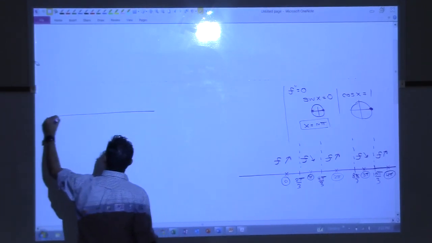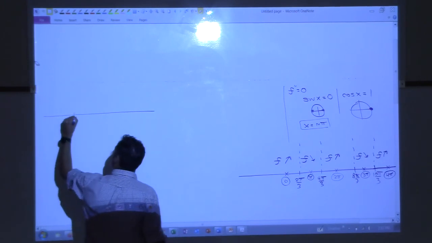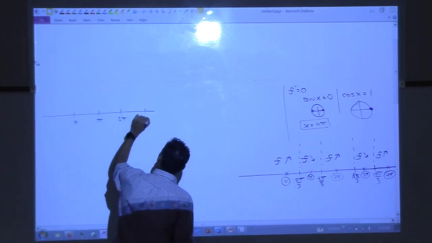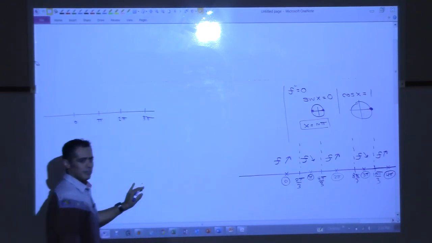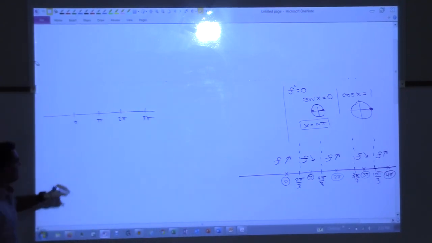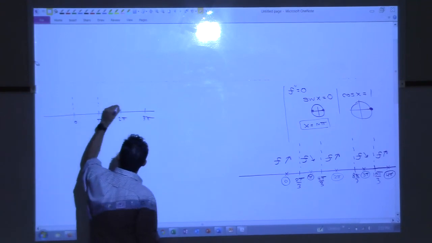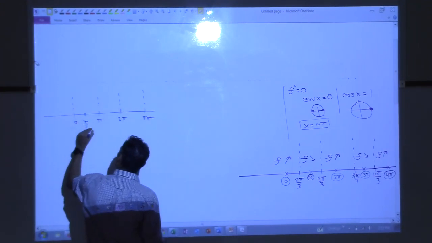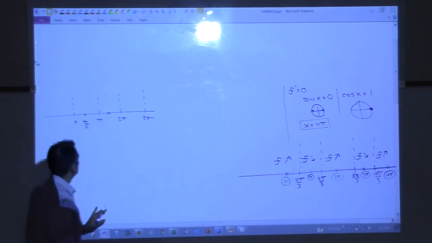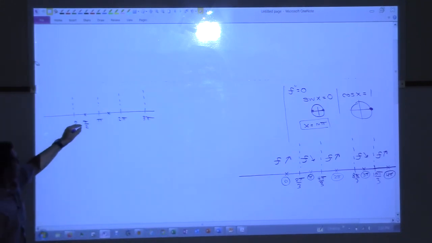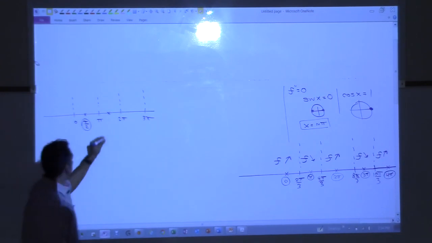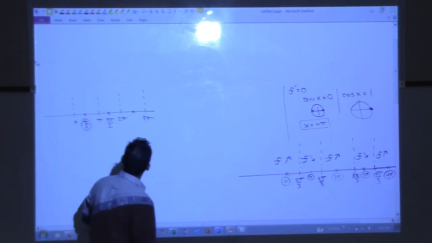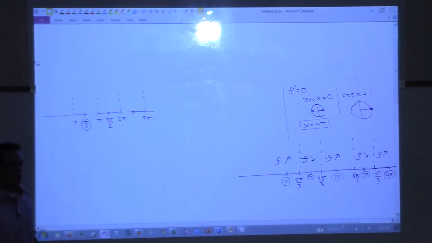And I'm basically putting on this all multiples of pi. 0, pi, 2 pi, 3 pi, right? I could go in both directions. Test points, right? So pi over 2. What's something there? 3 pi over 2. How about here? 5 pi over 2.